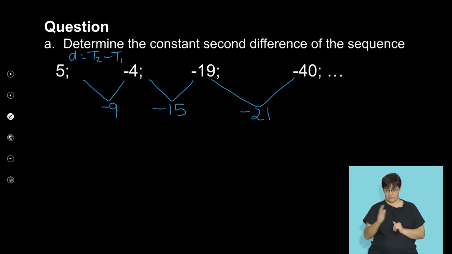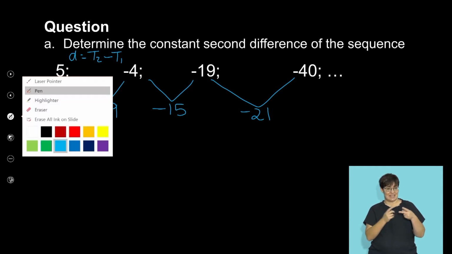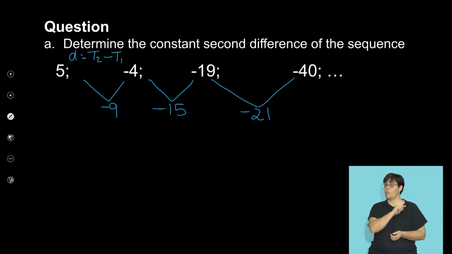Now that I have my first differences, I can see that they are not equal, which does confirm that this is not an arithmetic sequence, but I still need to find my second differences because this is in fact a quadratic pattern. So I need to find these two differences. If I'm asking myself, what is the difference between -9 and -15, I can substitute into d, and hopefully everyone will agree with me, there is a difference of -6.